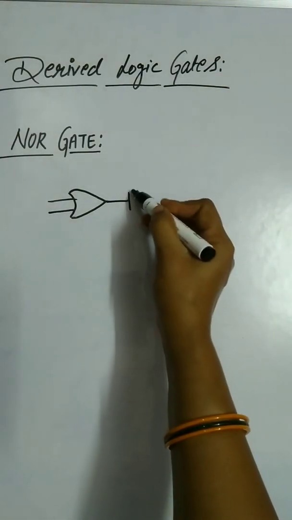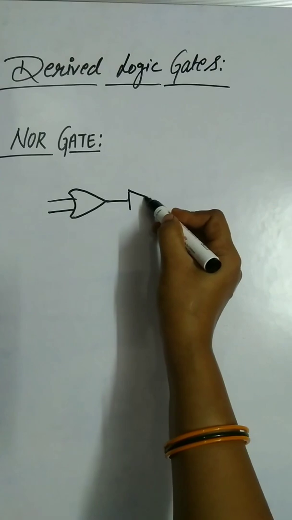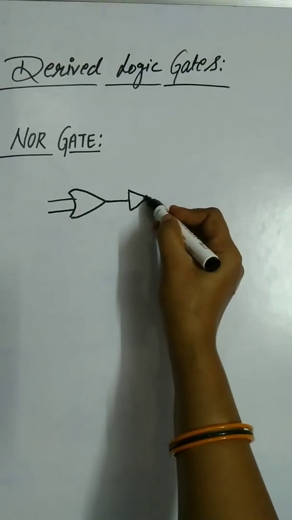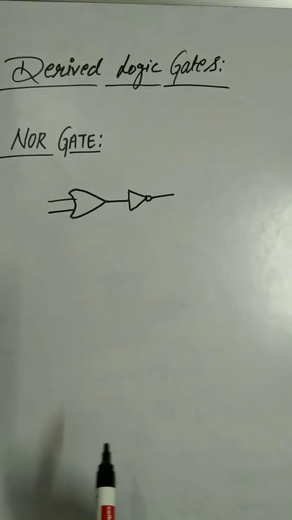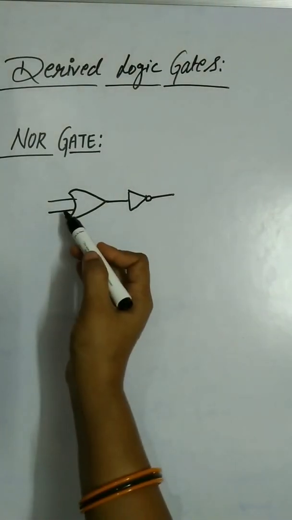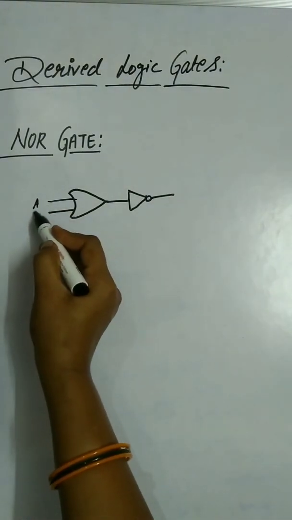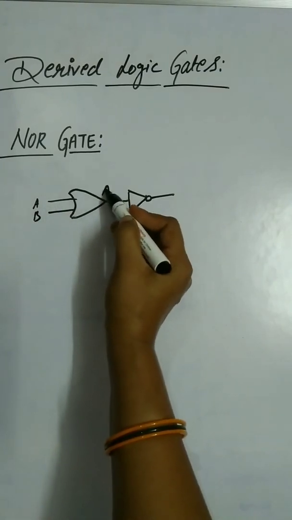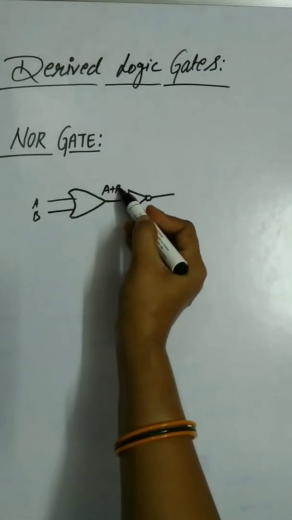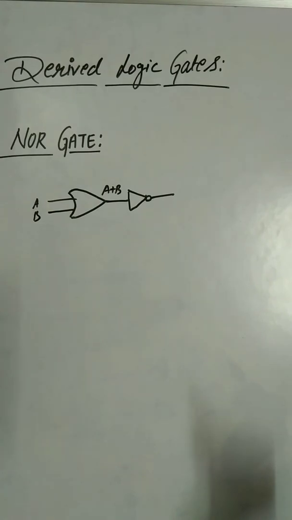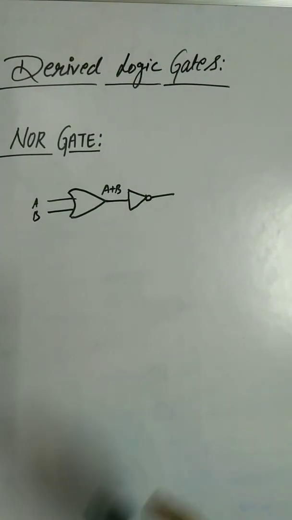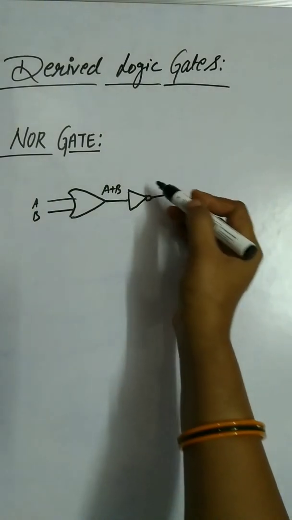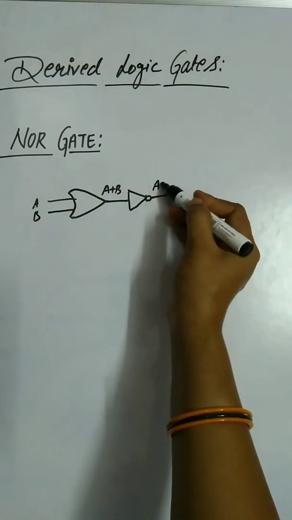So after we draw the OR gate, we draw the NOT gate. Clear? Here suppose the input values are A and B, so using the OR gate it will produce A plus B. Here is the NOT sign. NOT sign is used to just reverse the value, or complement, of the input.